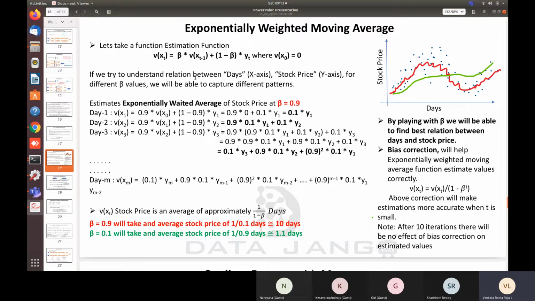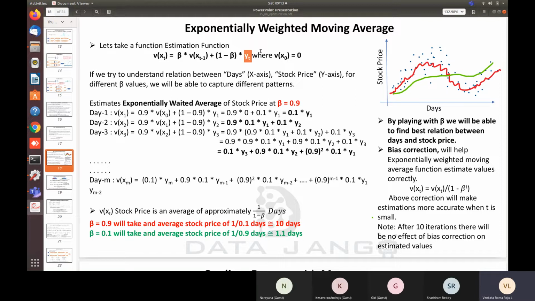So if you are trying to find the second day's v of xt, that is the second day's y cap, the second day stock price, then it is beta into v of xt minus 1, the first day's stock price, plus 1 minus beta into the second day's actual y.